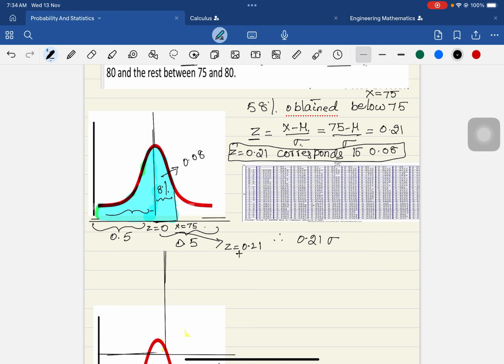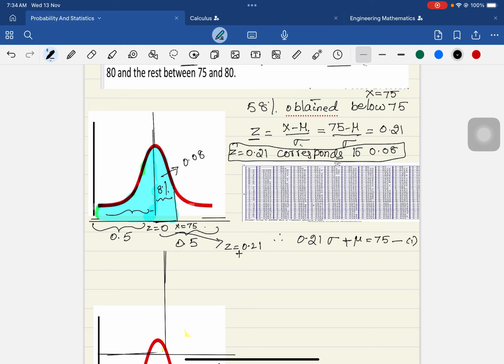If it lies on the left hand side, then it is negative. Understood? So z is equal to 0.21. So the equation is 0.21 sigma plus mu is equal to 75. This is your first equation.